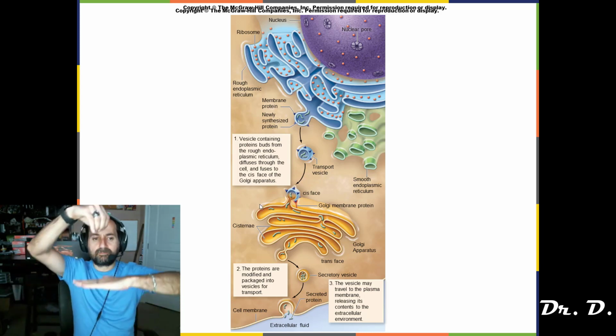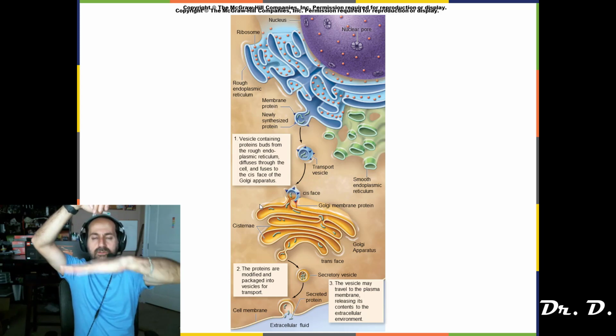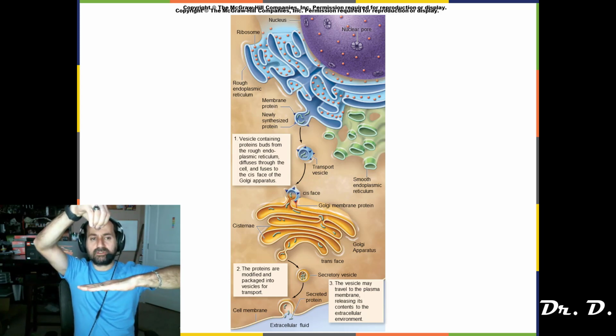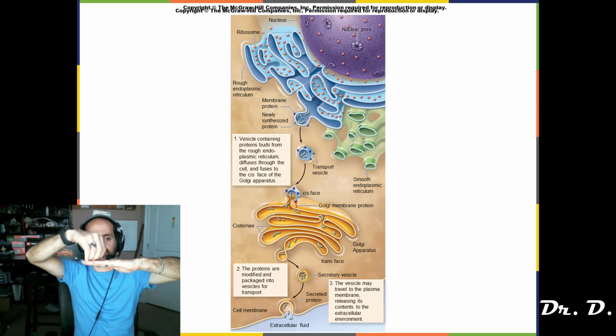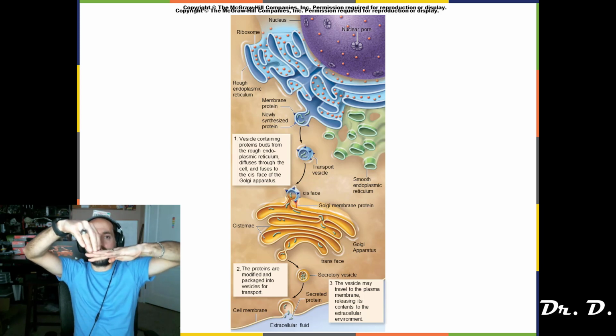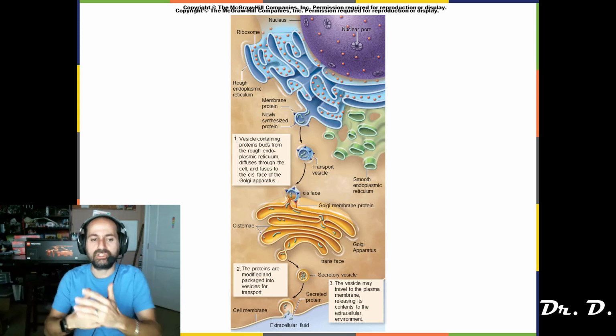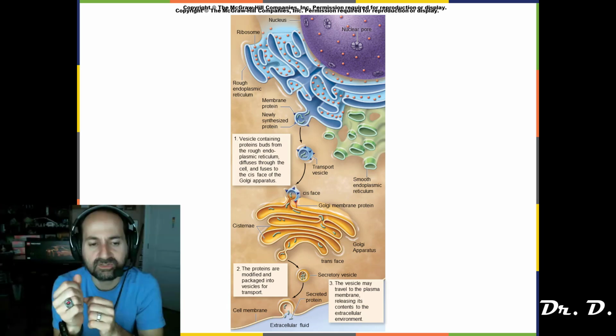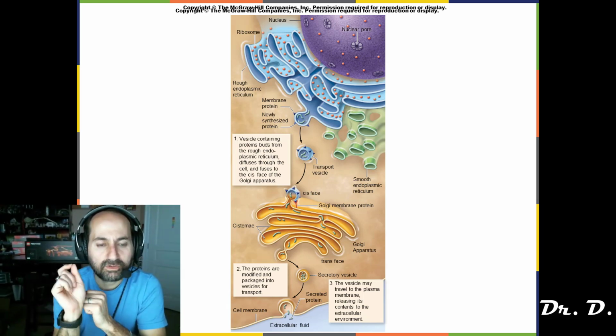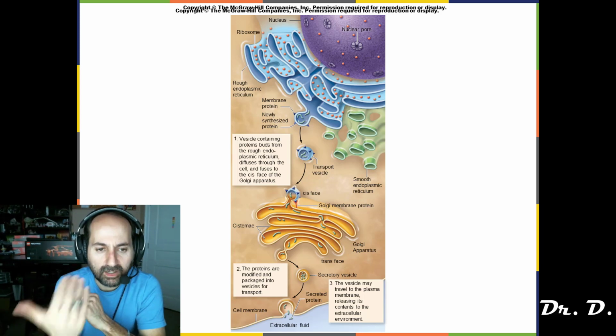And if this is the membrane of the Golgi, once the transport vesicle touches the Golgi membrane, it can open into and become one with the Golgi. So you know what that means? That means that the transport vesicle actually becomes part of the Golgi itself.